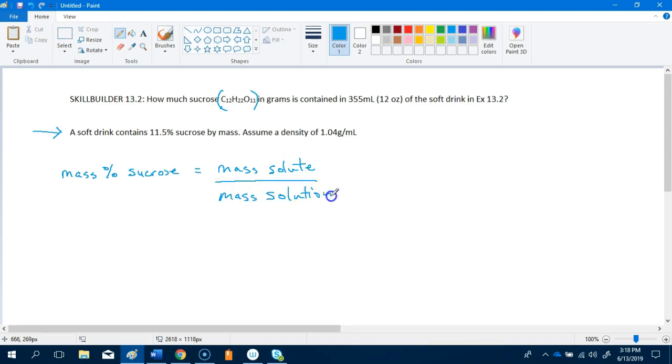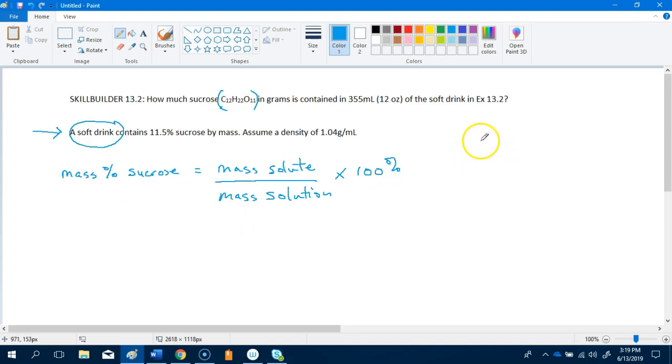And remember, the mass of the solution is going to be the mass of the solute plus the mass of the solvent, which in this case is the mass of the soft drink altogether, because the soft drink is composed of both the solvent and the solute to create the solution of the soft drink. And then we have to multiply that by 100%. So this is the formula that we use for mass percent.